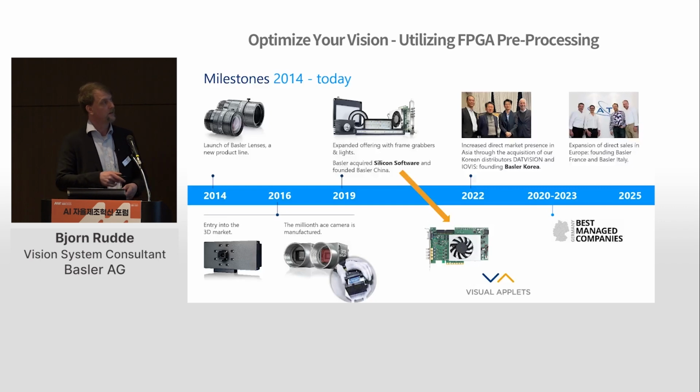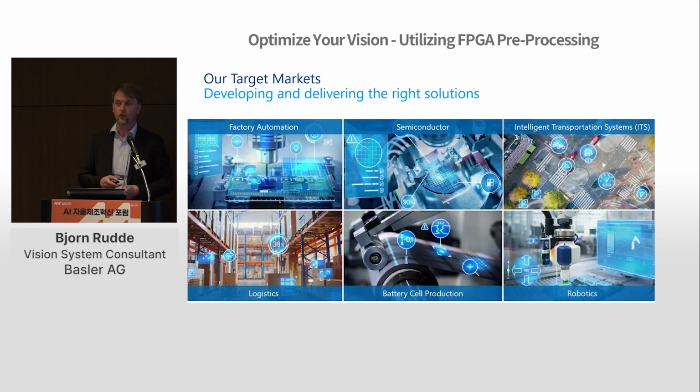Shortly after that, Basler Korea was founded by acquiring 2 distributors. Now we are today here on the Korean Vision Show, where we have a lot of customers being interested in the different target markets we are focusing on.